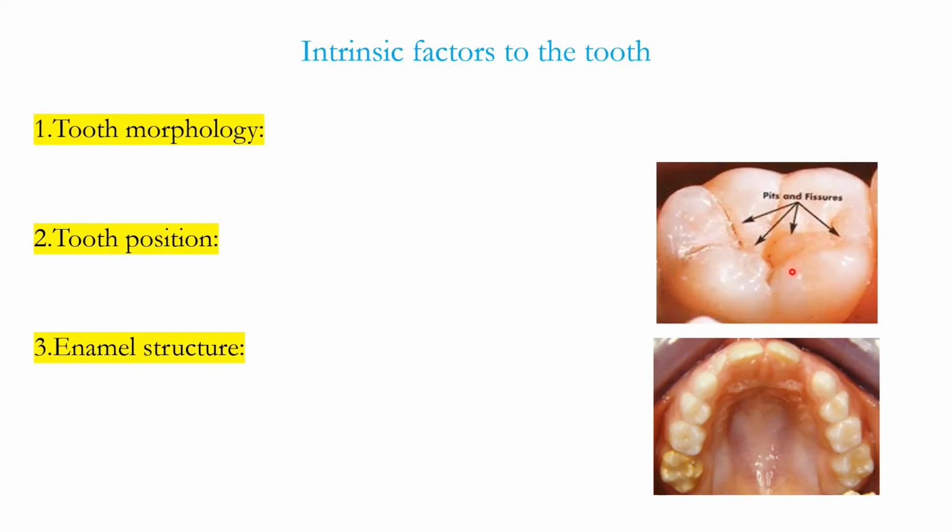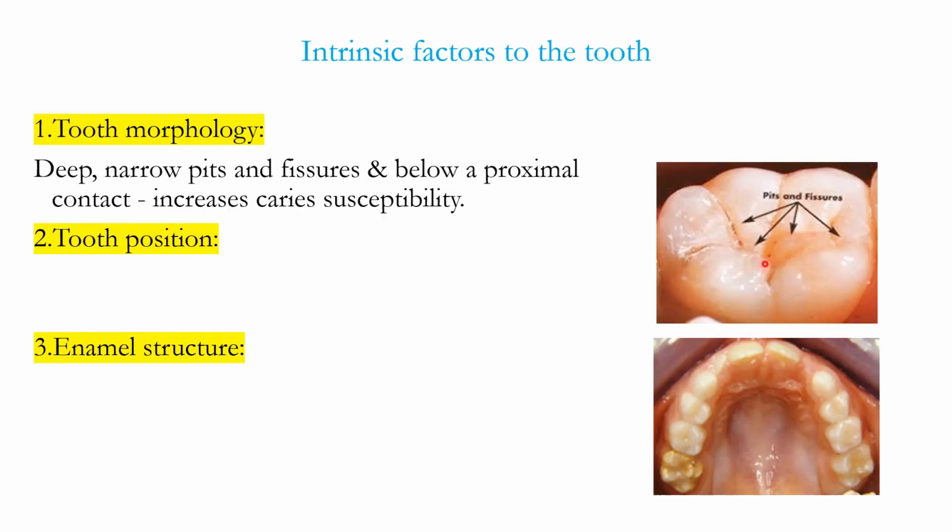Because it is an easy area for food stagnation. The bacteria can reside there. It is a difficult place for the brush to reach and to clean up the area.